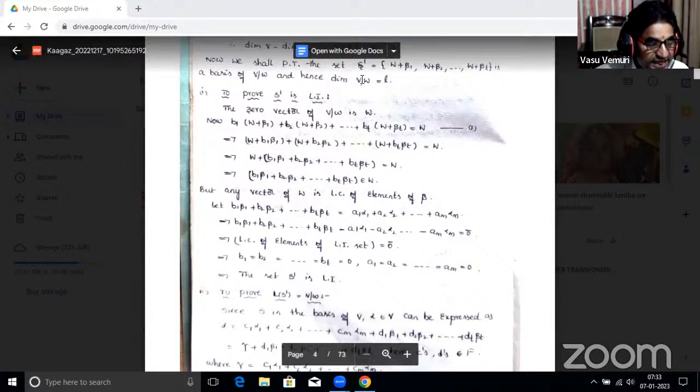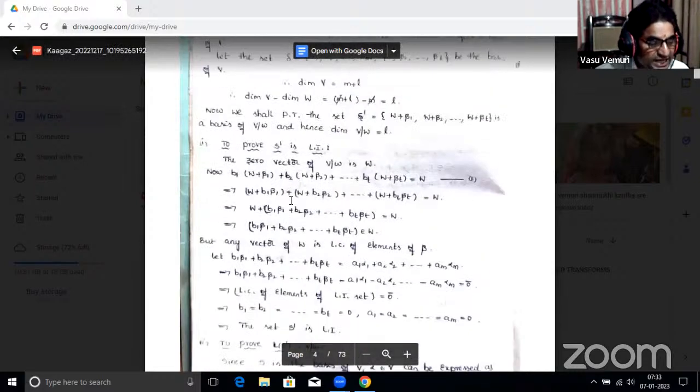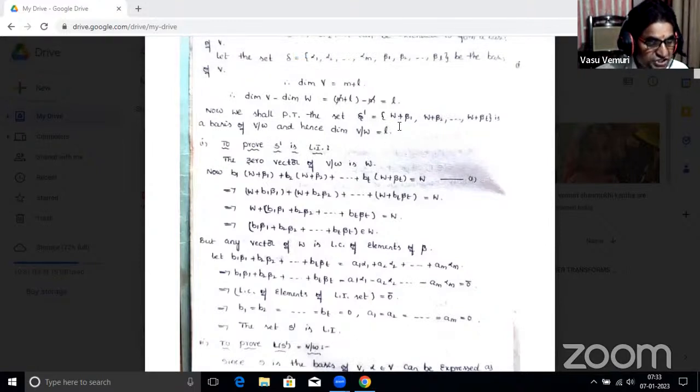First of all, we must prove that S dash is a basis set. That means S dash is linearly independent and spans. For linear independence, first you have to write the linear combination.